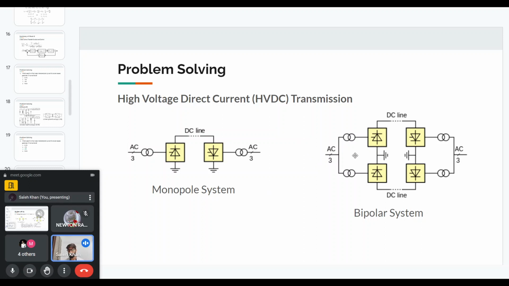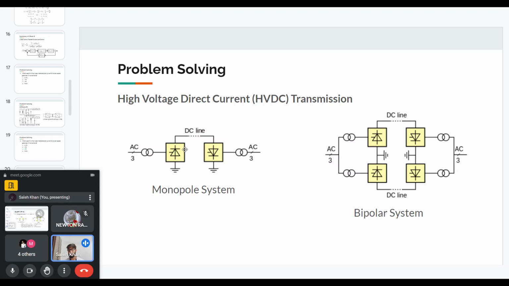In a bipolar system, we have two converters from AC to DC. One converts to a positive line with respect to ground, and another converts to a negative line with respect to ground. Then it is transmitted, and we have two more converter systems to convert from DC to AC.